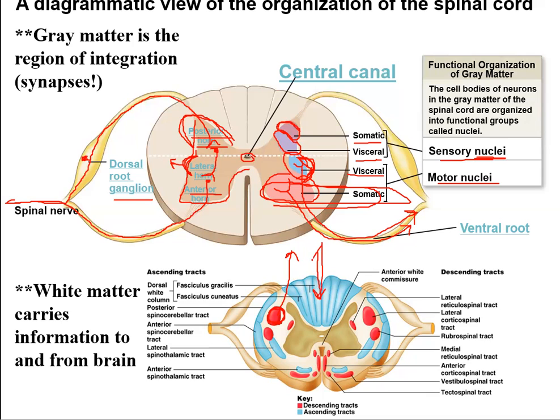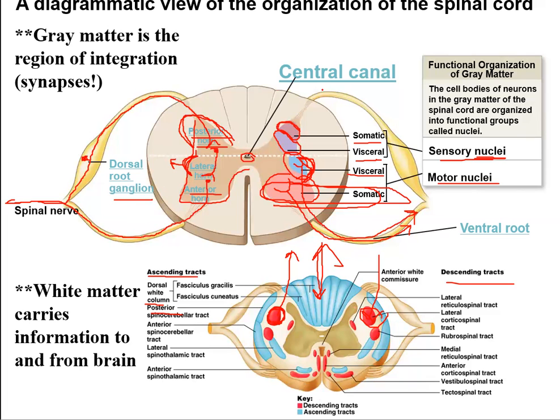Actually, it's the other way around. These are ascending tracts going to the brain. These are descending tracts coming back down from the brain. So again, we're going to learn some of these terms later this semester. I just wanted you to be aware that we can name these bundles of neurons within the white matter similarly to how we can name the structures in the gray matter.